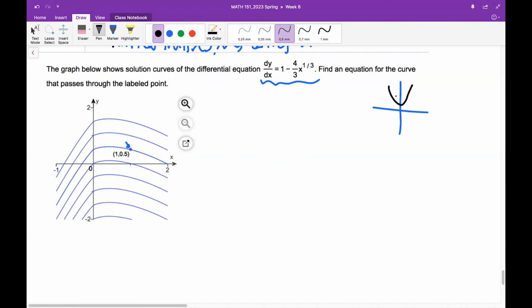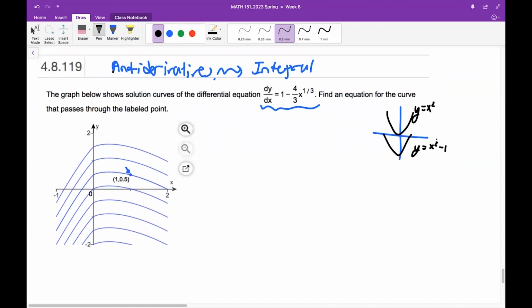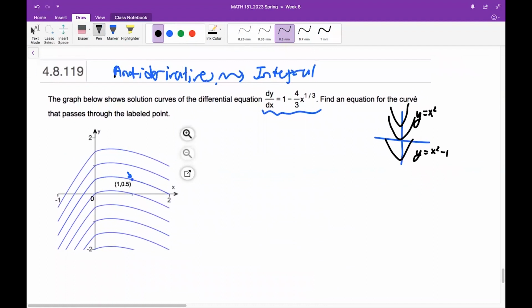So this is the graph of the y equals x squared curve, the x squared parabola. And for example, if I take it some units below, the equation will look like that. If you take it some units up, the equation will be like this.